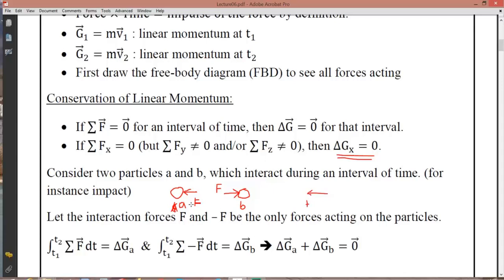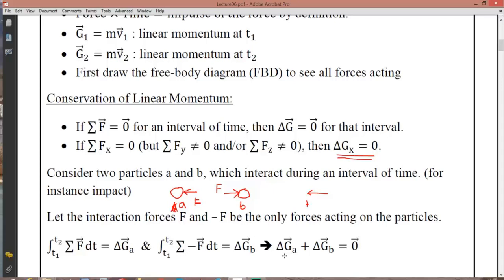In that case, positive F force is applied on particle A, and it results in the change of the linear momentum of particle A, and then a negative F, the same magnitude but different direction force, is applied on particle B, and as a result of that there is the change of the linear momentum of B. But if we add them up, this is positive F, this is negative F, the result should be equal to zero.